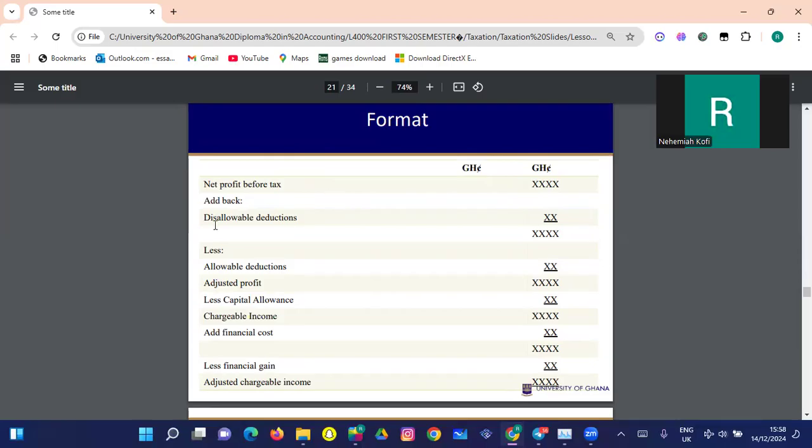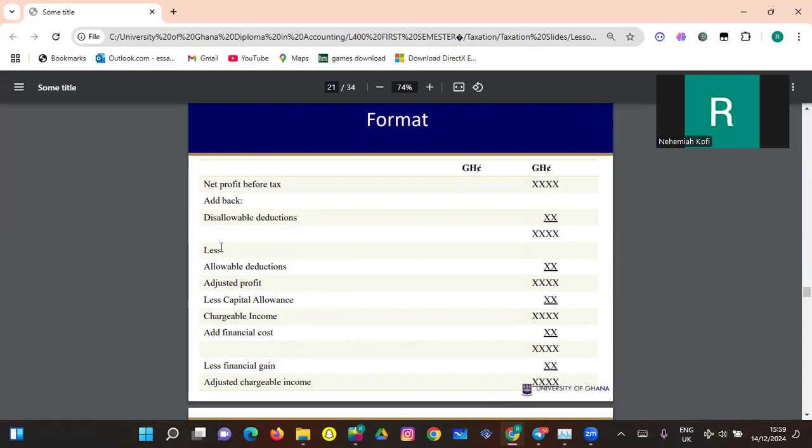And then you add back disallowable deductions. Remember depreciation, finance cost, and those particular items are not allowable in the raw form, right? So depreciation, for example, will be added back. Any other losses like repairs and improvements will be added back just for you to come in and get your chargeable income after everything.